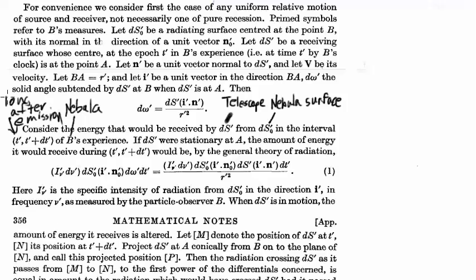That t prime is going to be long after the emission. If ds prime were stationary at A, that is, if the telescope were stationary at point A, the amount of energy it would receive a long time after the emission, and just a little bit after that, would be, by the general theory of radiation, this is the intensity.